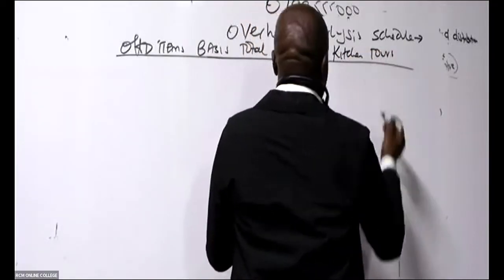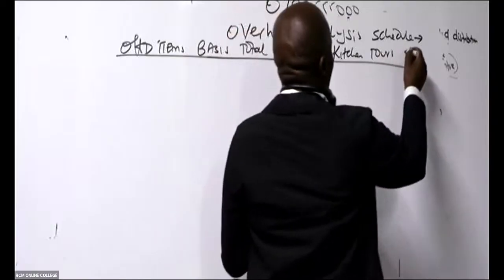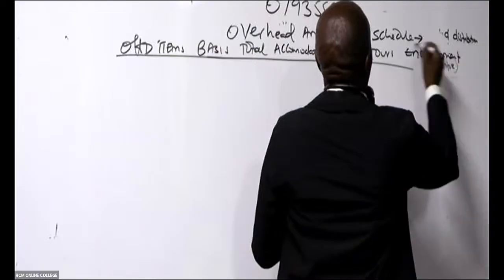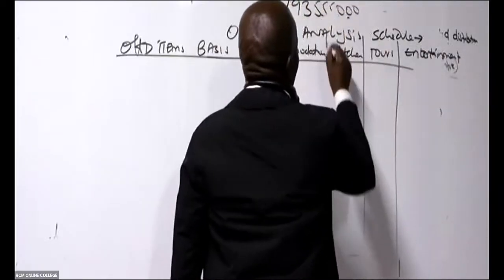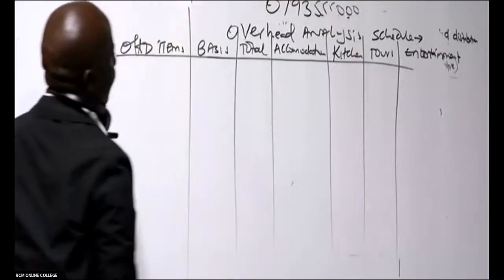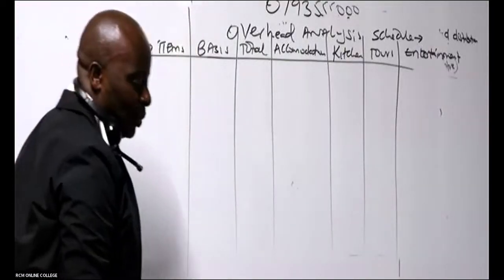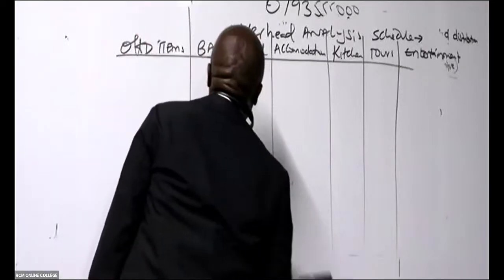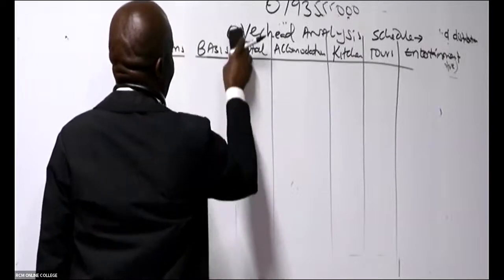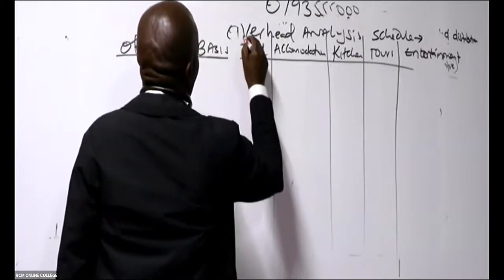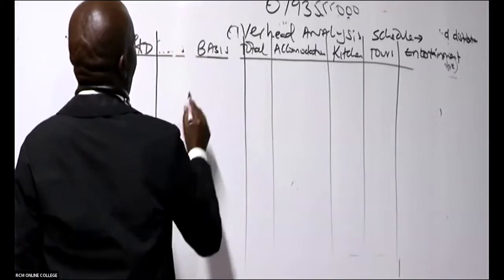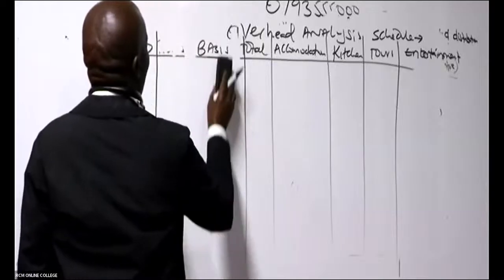We have tours. And then we have the one you love most, the entertainment. This is really nice. The basis column should be quite big. Let the basis column be the broadest.